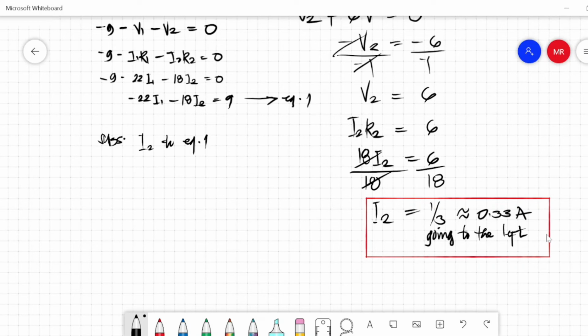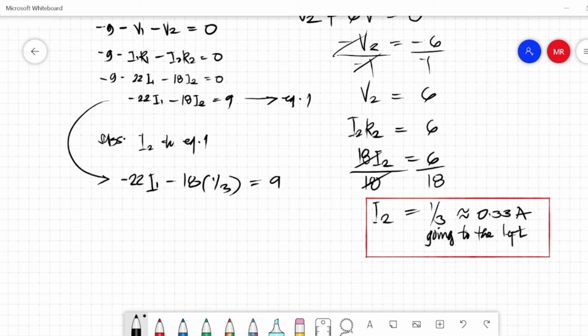So from equation number 1, we'll have negative 22 I1 minus 18 I2, where I2 is 1 over 3, is equal to 9.